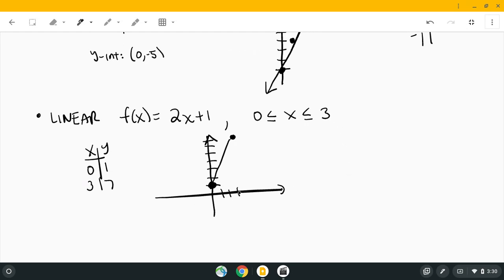So I plugged in one of the endpoints, 0, found the y value, plugged in the other endpoint, 3, and found its y value. Then I plotted those 2 points, (0, 1) and (3, 7), and my graph stays in between.